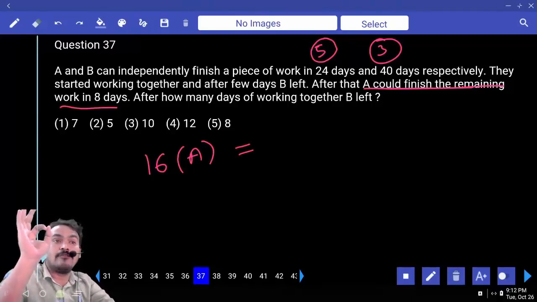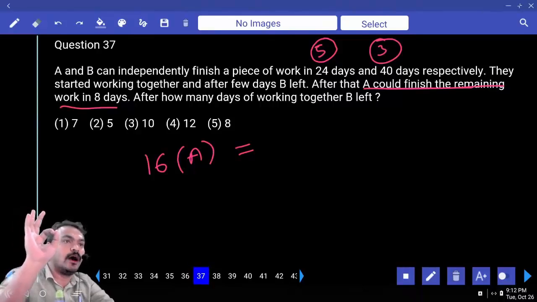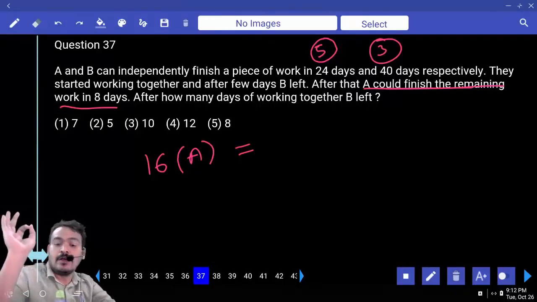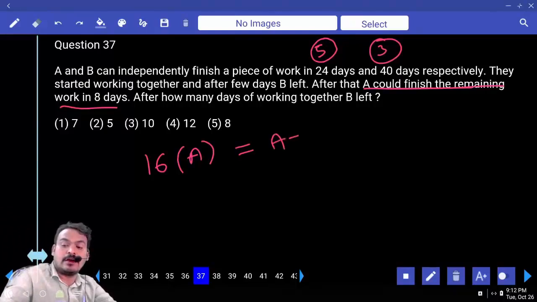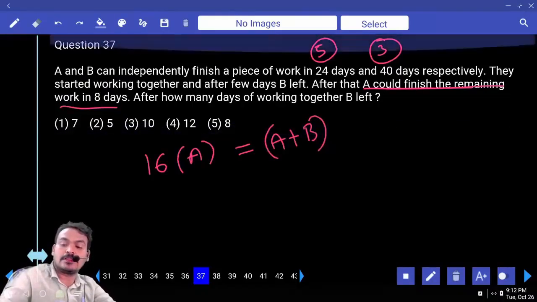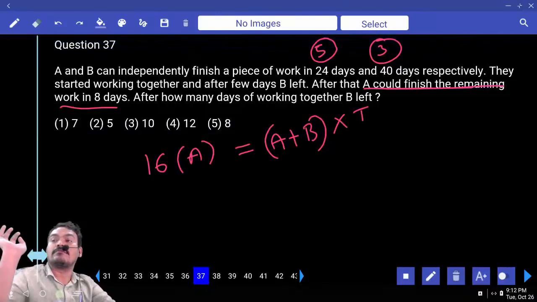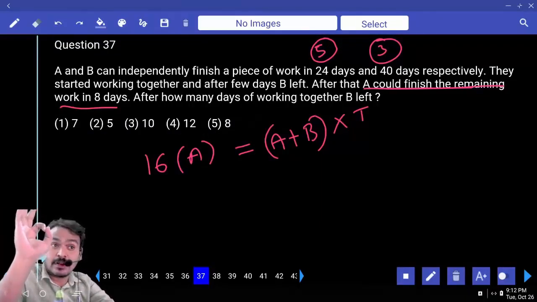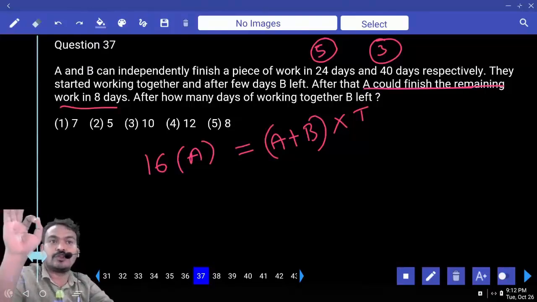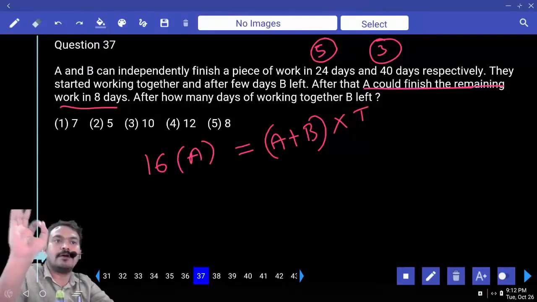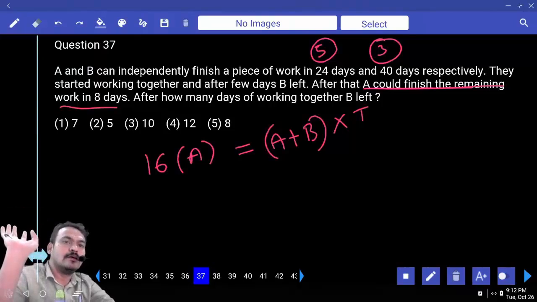That 16 days' work of A is equal to some days' work of A and B. A and B's some days' work is the A plus B efficiency into time. 16 days' work of A is equal to A plus B's some days' work.